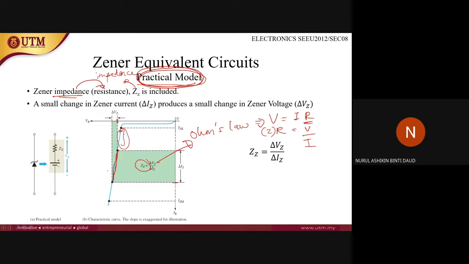So usually, to calculate the impedance, take a point in the middle between the Zener knee and Zener maximum. This is the best area.